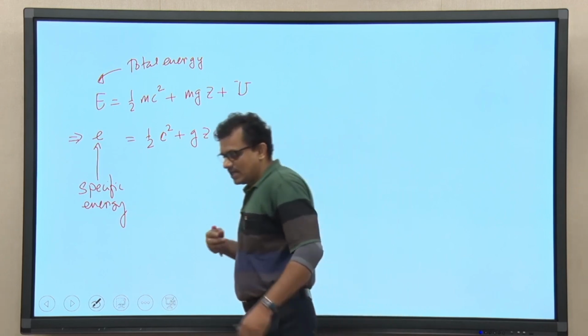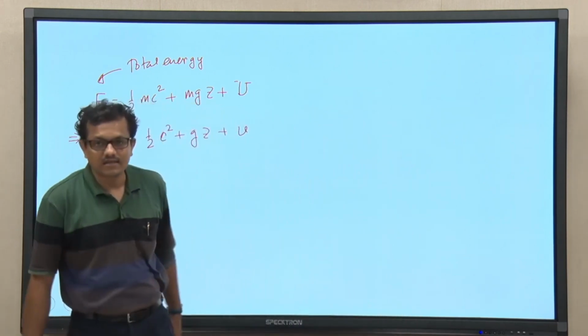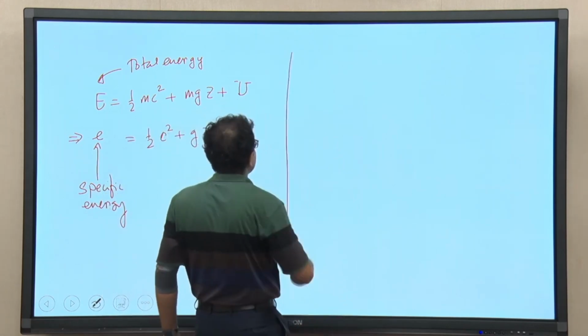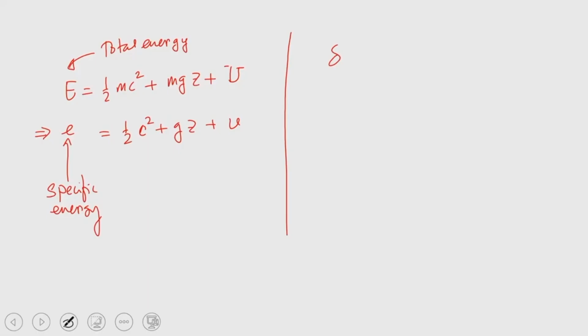So, now in most of the thermodynamic processes, we have already derived that the first law of thermodynamics applied to the control mass system undergoing any general process can be written in this form.